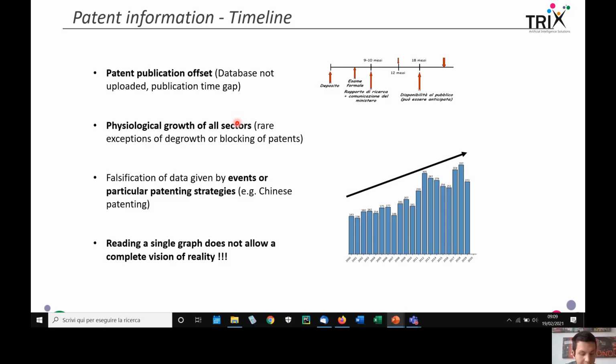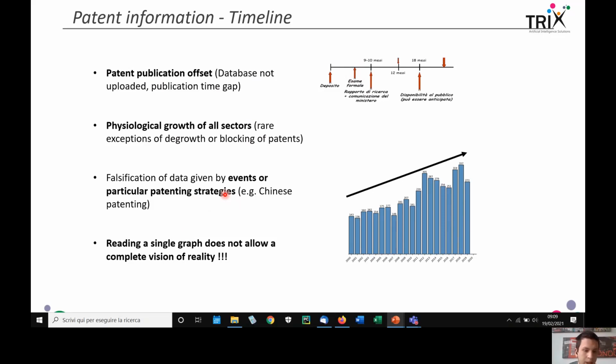In some cases, we will have a falsification of data due to a very high number of documents, for example, Chinese documents. They are patents that have little value, but which, being many, can create noise in data analysis.